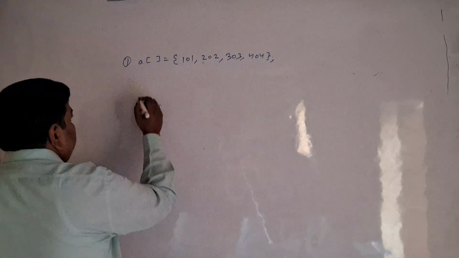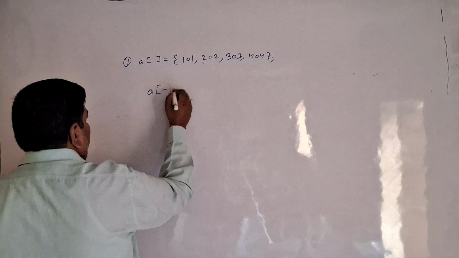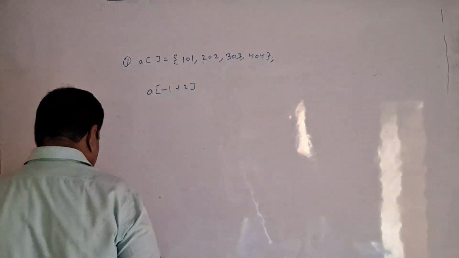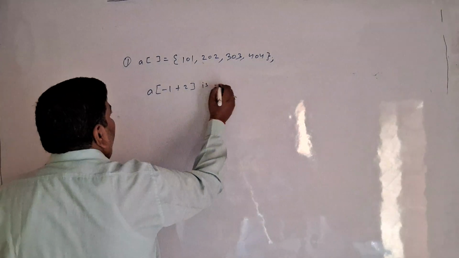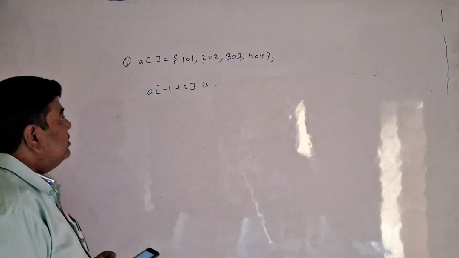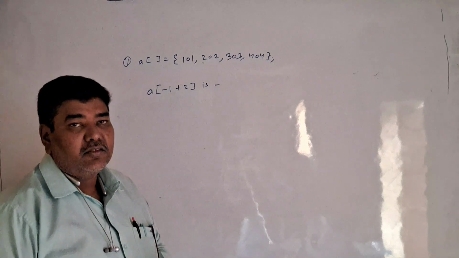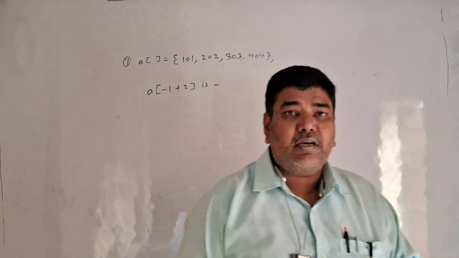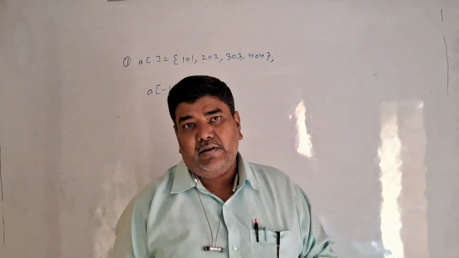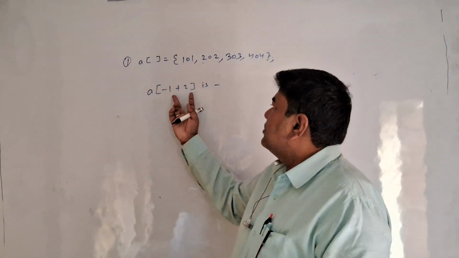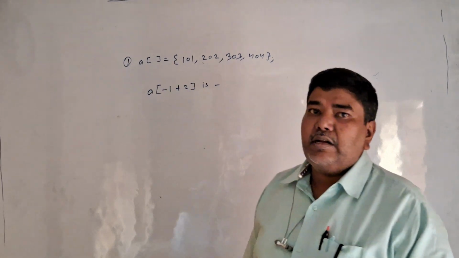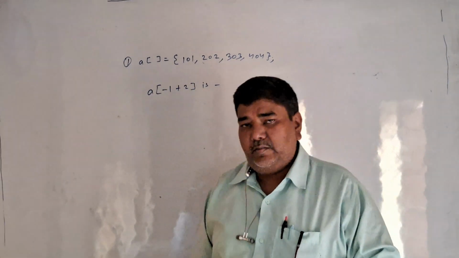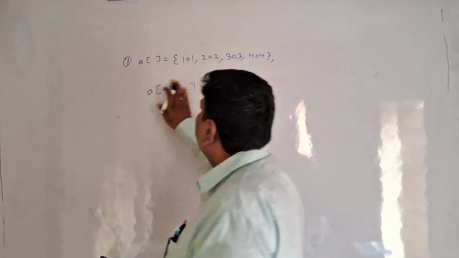The value of A at -1 plus 2 is how much? So -1 plus 2 is given in the same bracket. So don't get confused that -1 cannot be a location of array. You are correct, -1 cannot be a location of array. But first of all, these two are in the same bracket. Now they will be calculated. -1 plus 2, 2 minus 1, it will become 1.